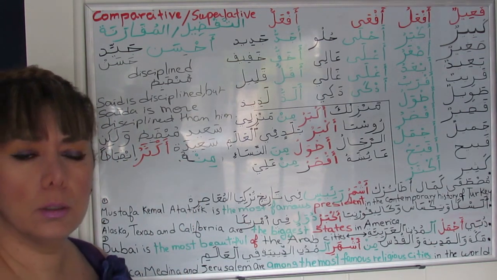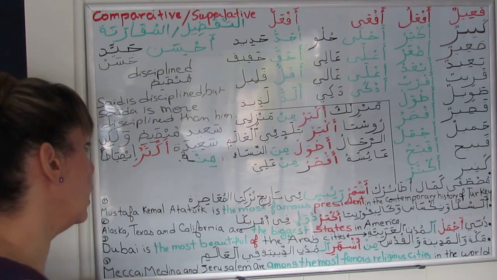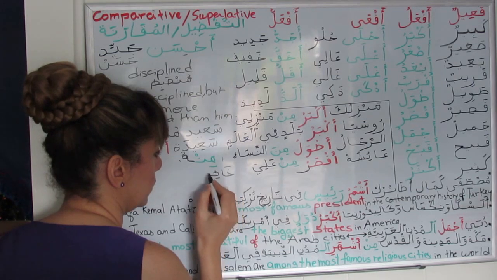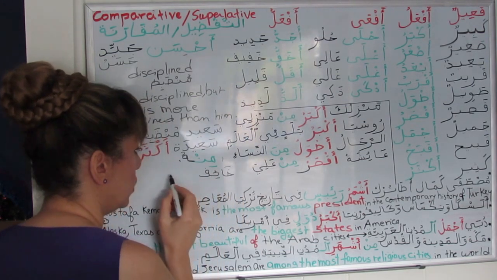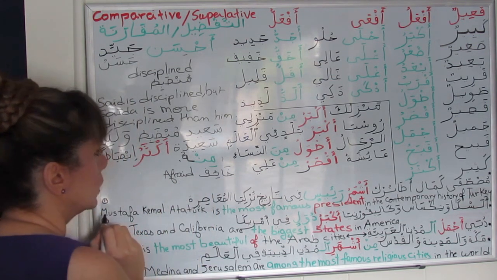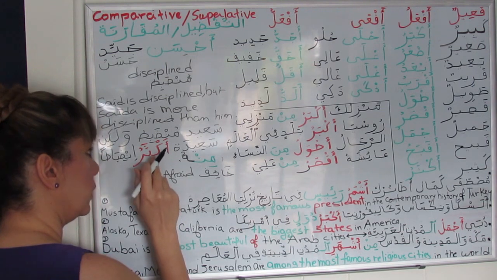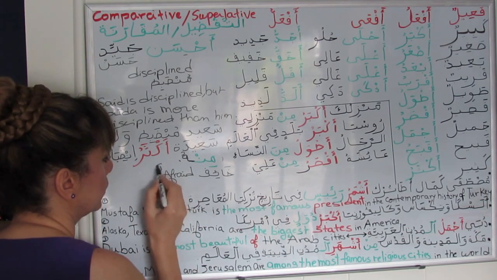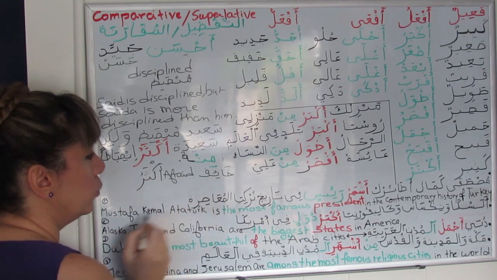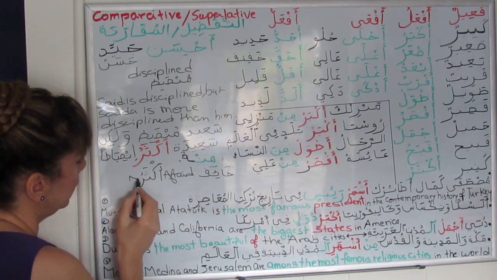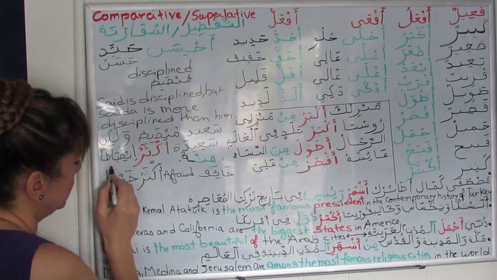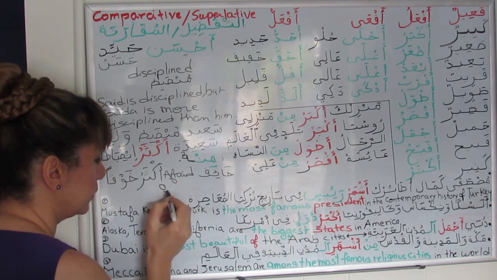Let's check other adjectives. خائف. It means afraid. So we will say أكثر, and the verbal noun of خائف, خوفا, again with alif and fathatayn. خوفا من.